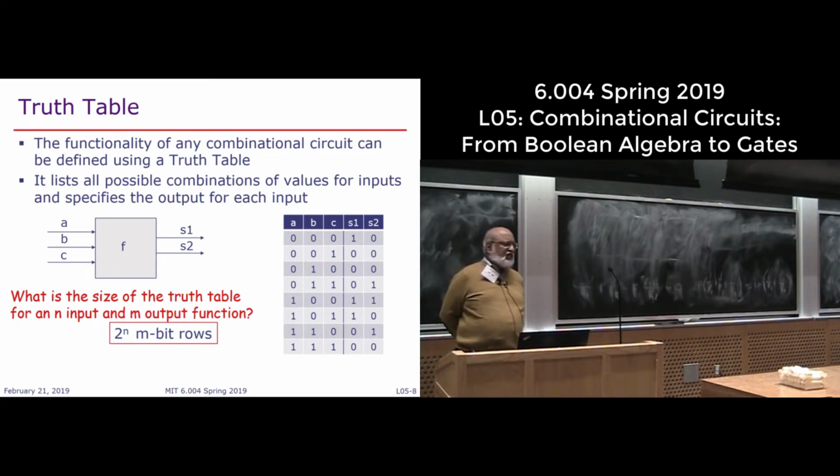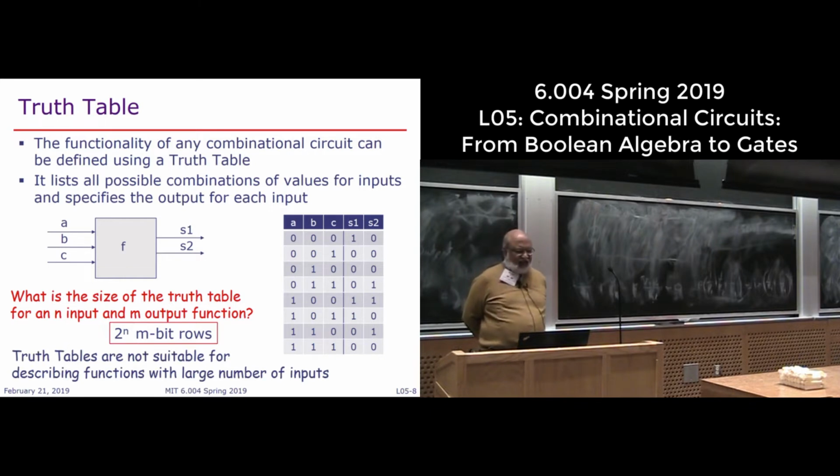Now it should be obvious to you that this is not practical. We can't define very big circuits, or circuits with lots of inputs, in this manner, because we'll run out of paper. It may not even fit in a computer, such a truth table description.